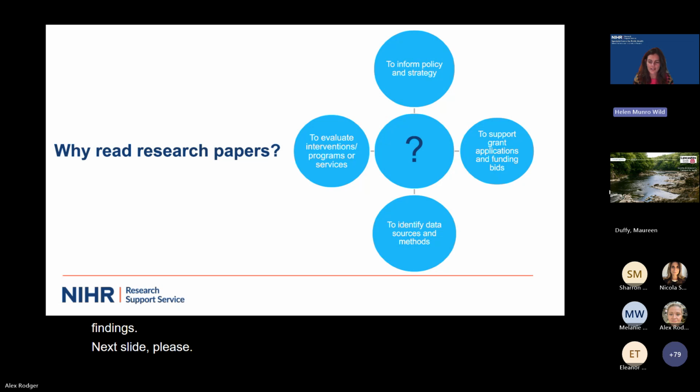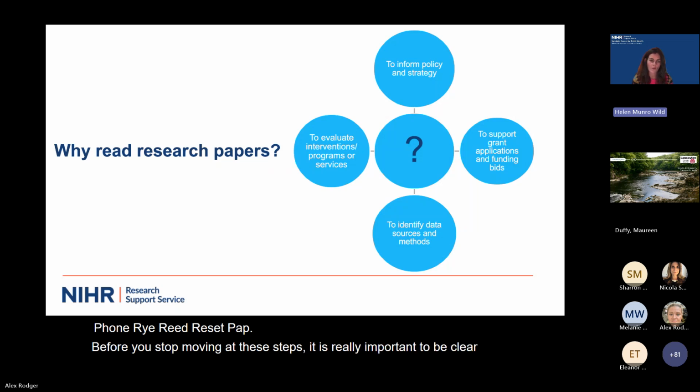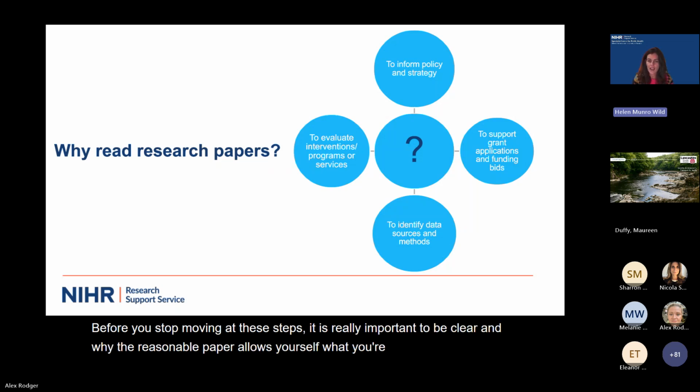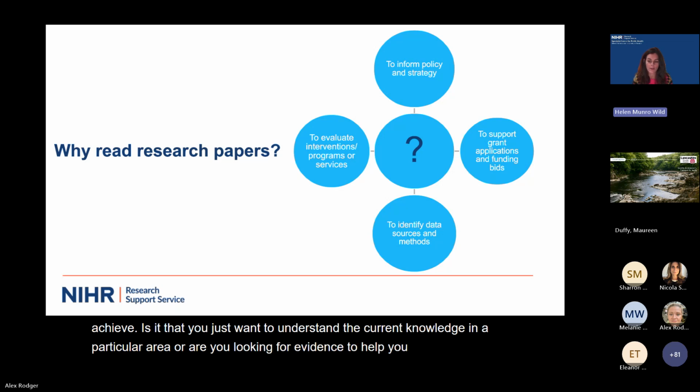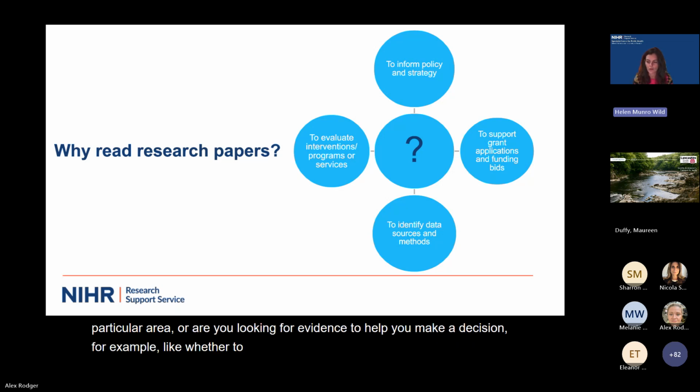So why read research papers? Well, before you start reading a research paper, it's really important to be clear on why you're reading the paper. Ask yourself what you're hoping to learn or achieve. Is it that you just want to understand the current knowledge in a particular area, or are you looking for evidence to help you make a decision, for example, like whether to commission a service or to implement a new programme?